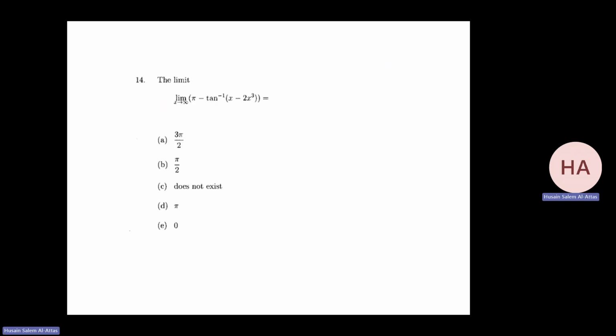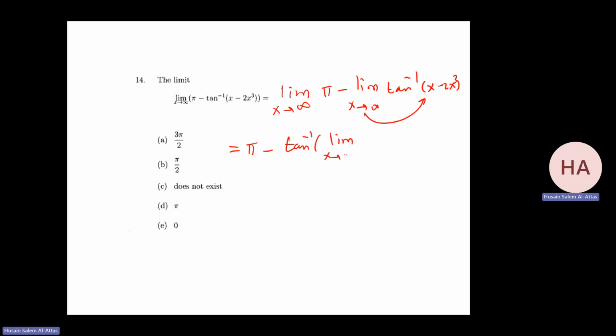Here I can take the limit inside. I can distribute the limit for pi. This is tan inverse. Okay, this is pi, who cares? I can take the limit inside. So that will be tan inverse of this limit.